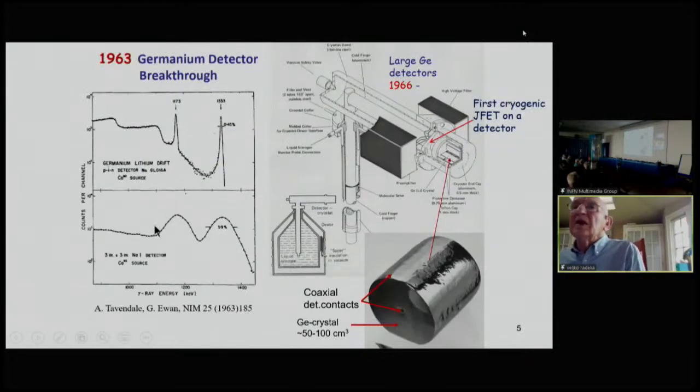So the first one is the germanium detector, and in '63 came a real breakthrough, when Tavendale and Ewan at the Chalk River Laboratory in Canada made a small germanium PIN detector of a couple of cubic centimeters and showed the spectrum at one meeting, which caused a revolution in nuclear spectroscopy.